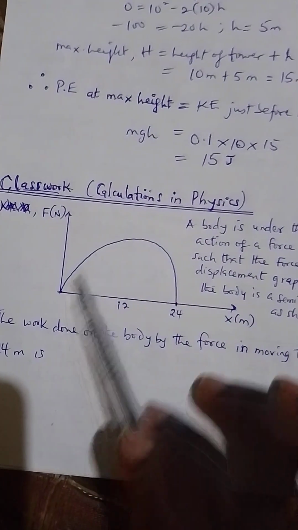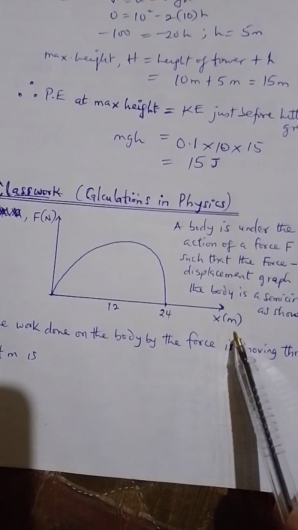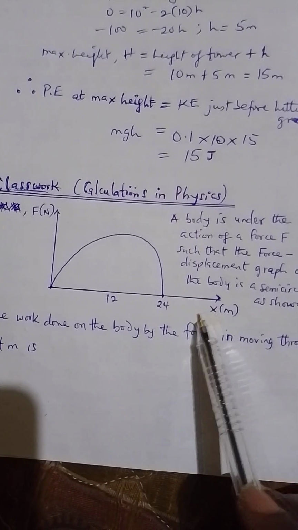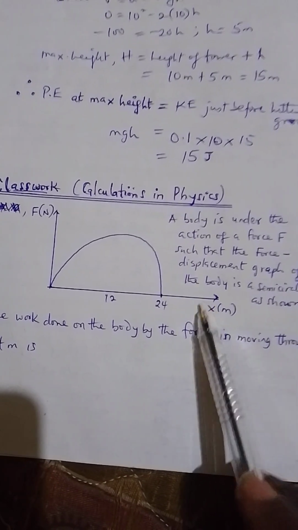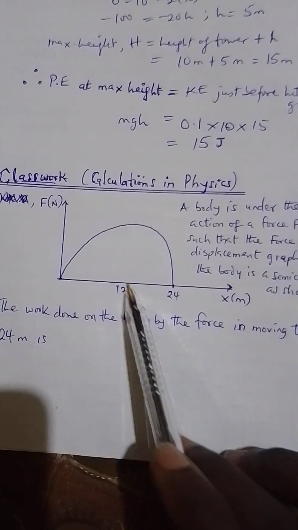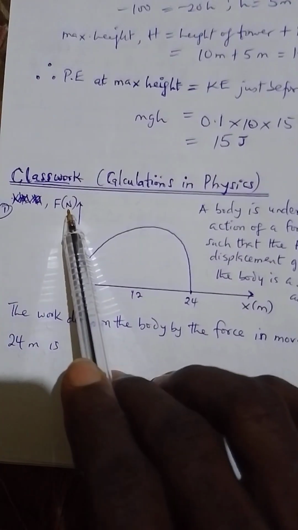So for instance, we have a question like this. This is a force displacement graph, force axis by distance x. This x is a symbol for distance, being used as a symbol for distance for this particular question. The unit of distance is meters, the unit of force is newton.